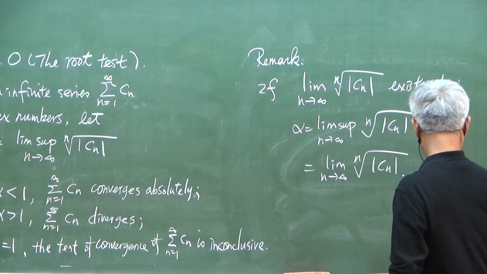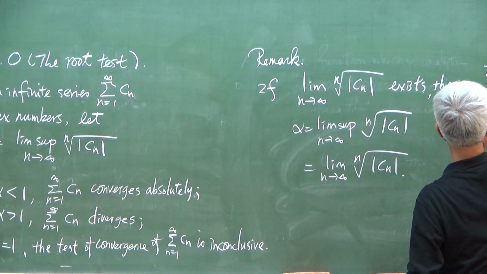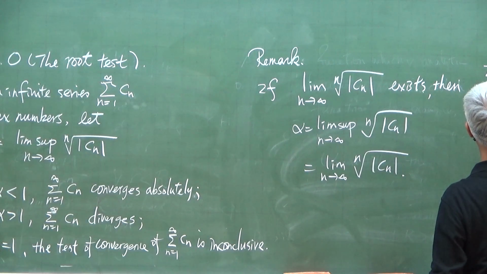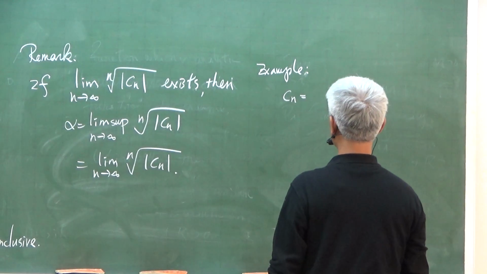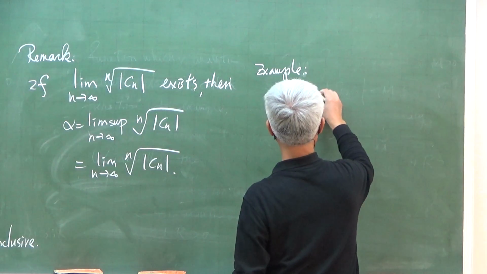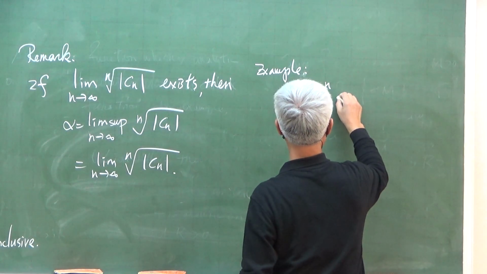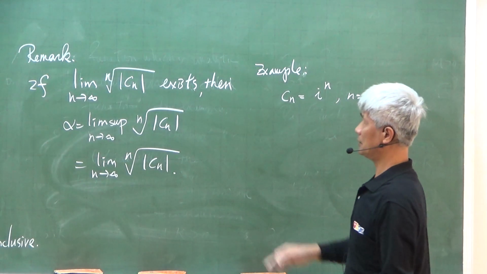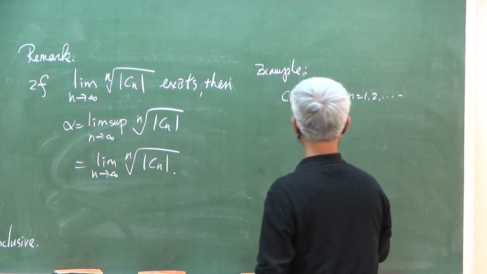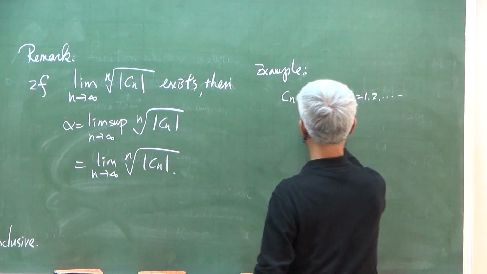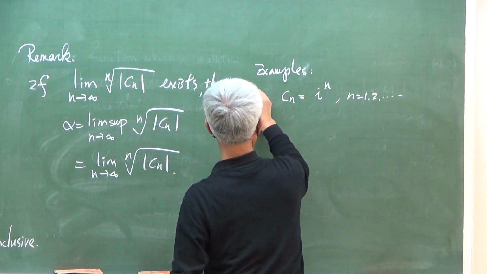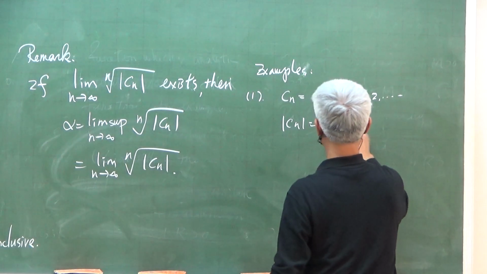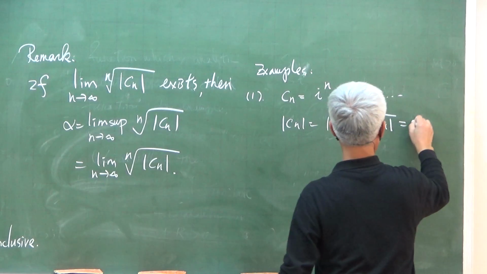For example, I believe if you study the material, if Cn is equal to 1 to the nth power. So now Cn is equal to 1, and the nth root of Cn is equal to 1.